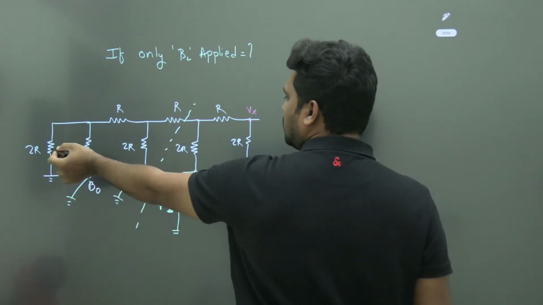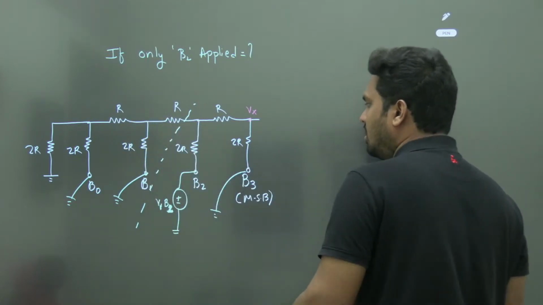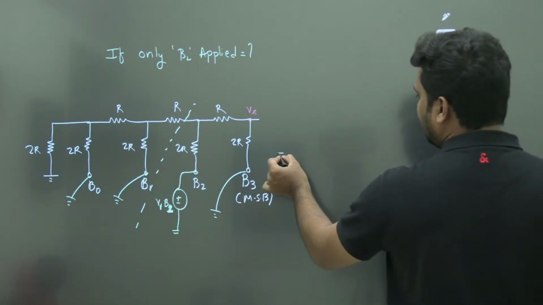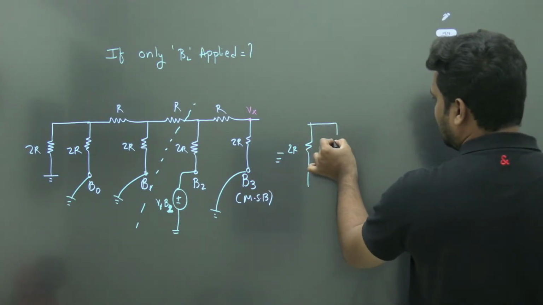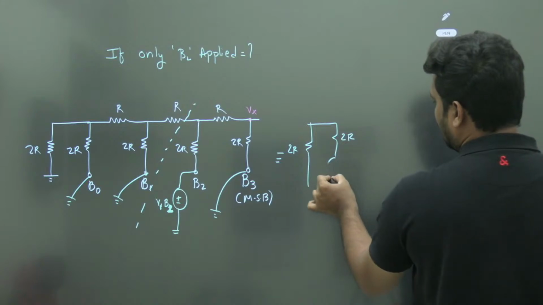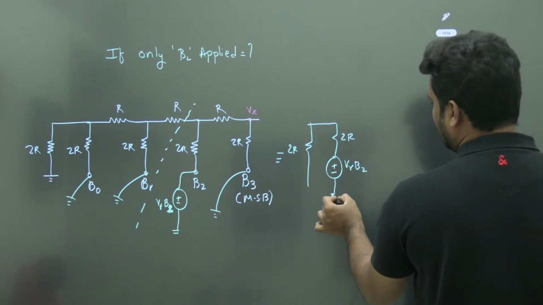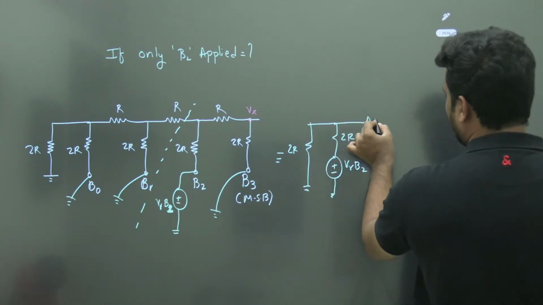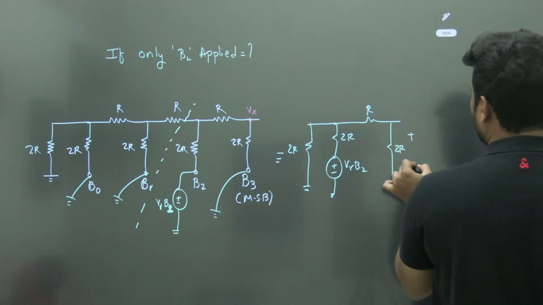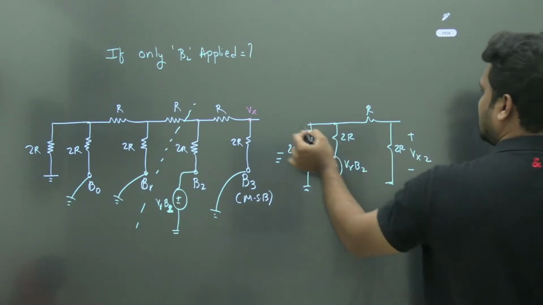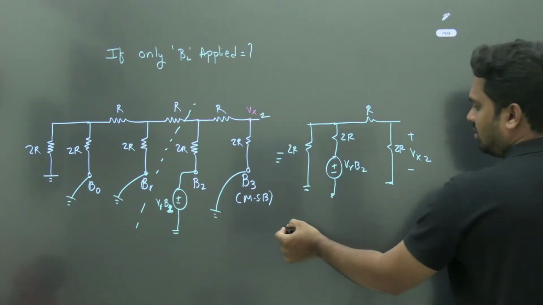this part is 2R parallel with 2R, R series with R, 2R parallel with 2R, R series with R is 2R. So the equivalent here will be, this part will be 2R and 2R and this will be VR into V2. And here you have R and 2R. This is where we are finding the Vx2, that is Vx when B2 is applied. Now again, what is the shortcut?